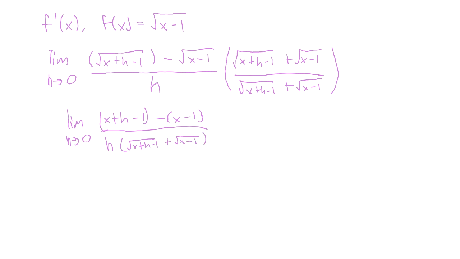Let's see if we can simplify this any further. We can distribute this negative, so we get a plus, minus, plus, and then we can see that these x's are going to cancel out, and these ones are going to cancel out. So now we're left with just an h in the numerator, and then we have our h in the denominator times our square root functions.